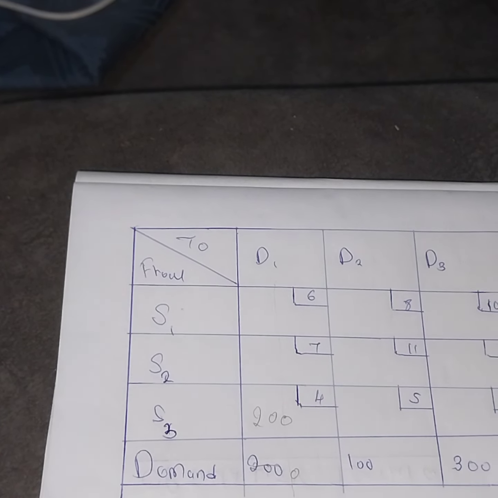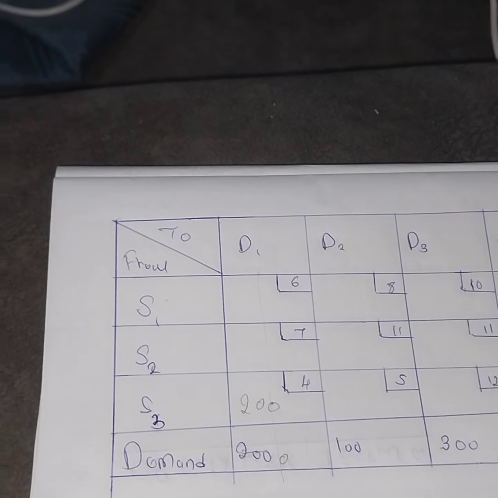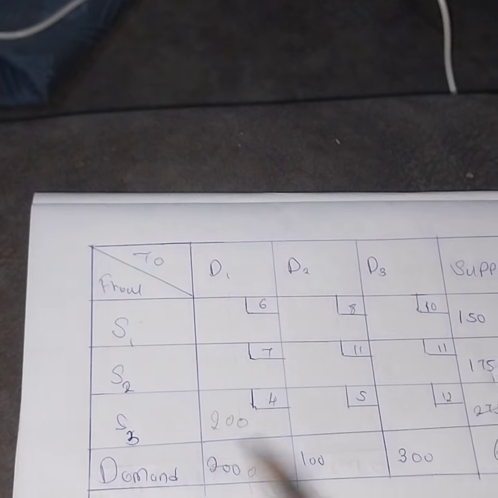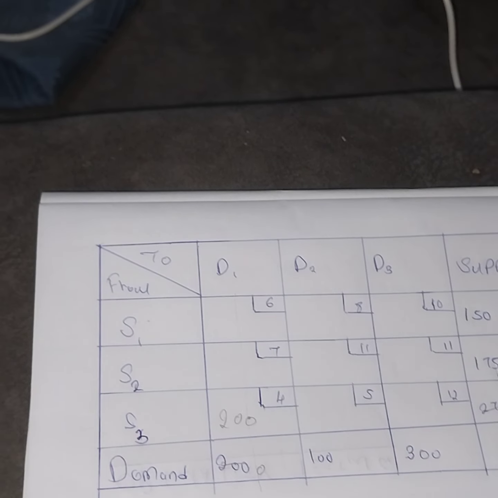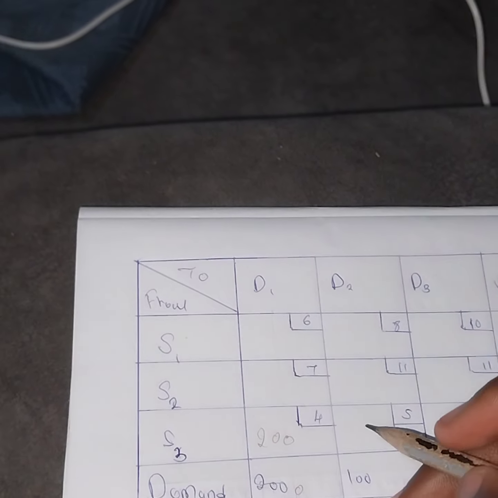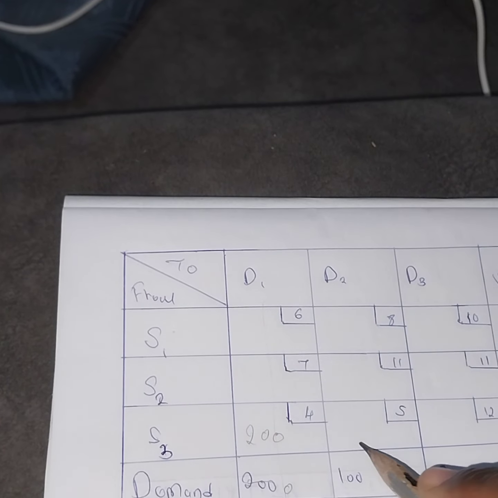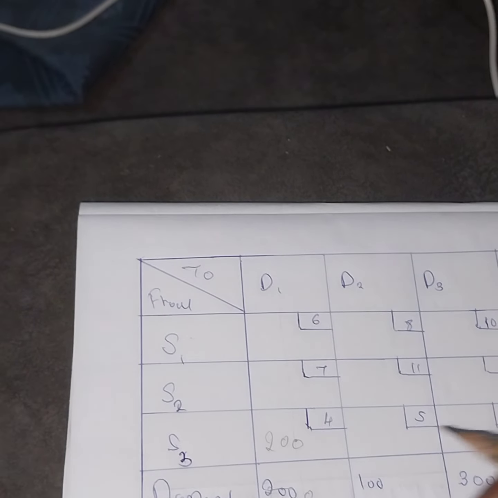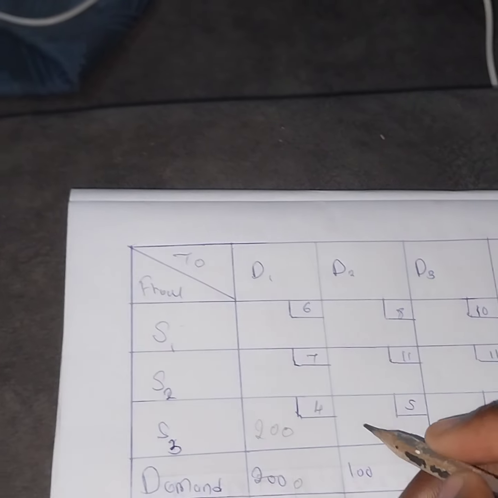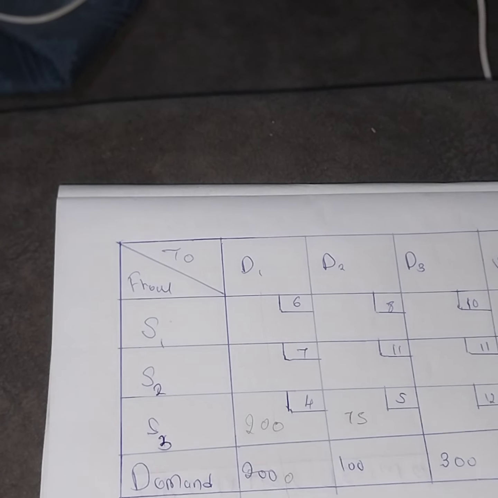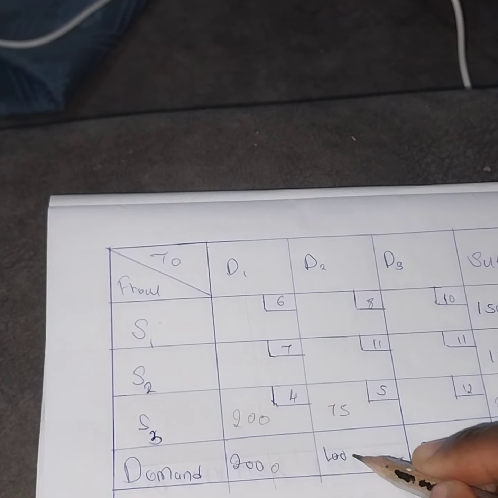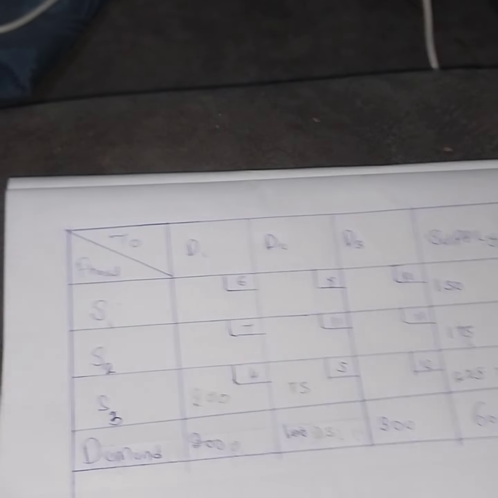The least cost is 5, and we have a supply of 75, so we can supply 75 to destination 2. That will make this a 0, and we'll have 25 unmet demand for destination 2.